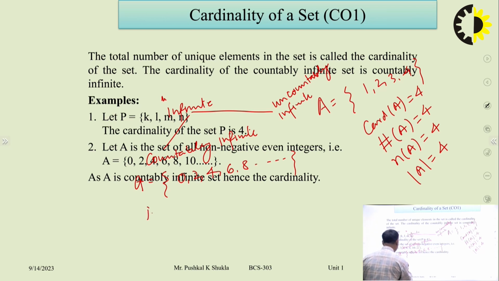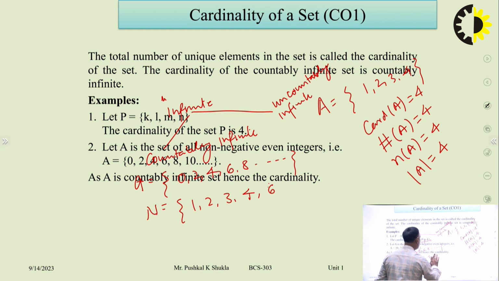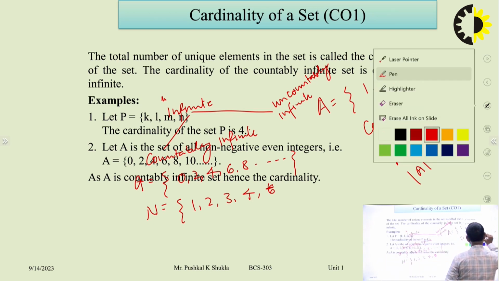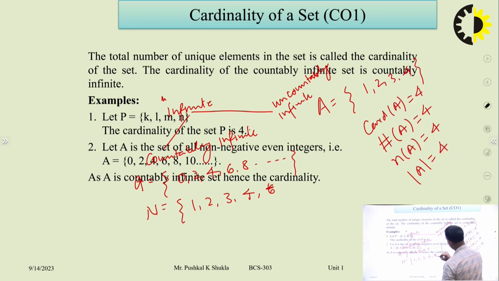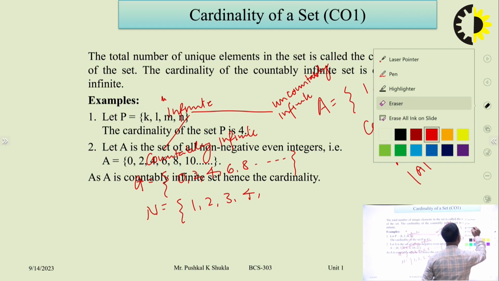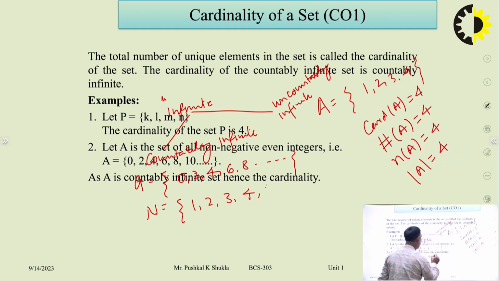So natural numbers N equals 1, 2, 3, 4, 5, 6 onwards. So there is a one-to-one correspondence of this set with the natural numbers, so it is countably infinite.